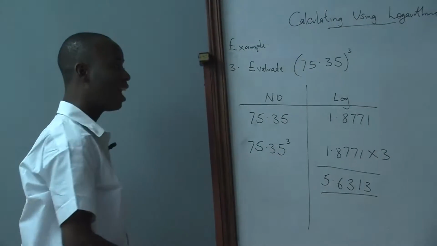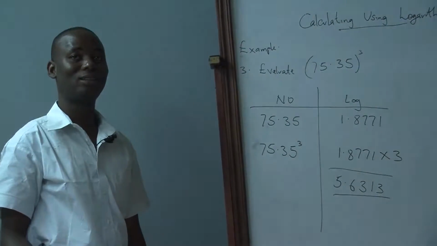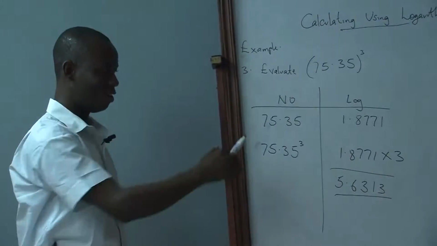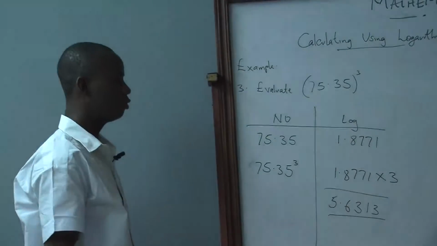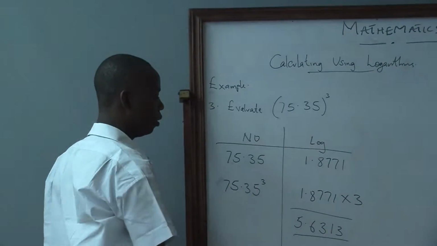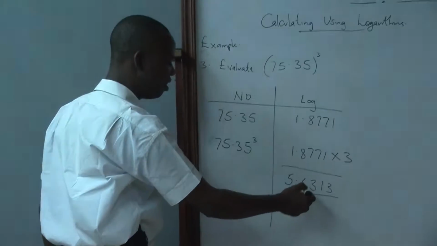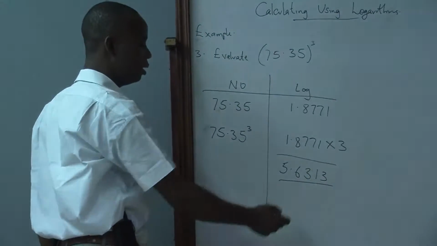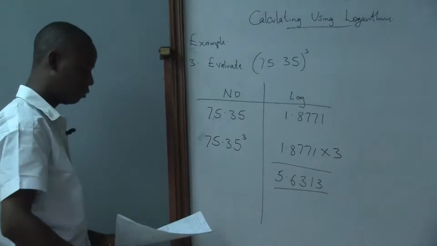We have the answer now in log. We need to find what the answer will be in the number in which we have been given the problem. So we need to find the antilog. Under the antilog, we're going to find whatsoever we have under the column 0.63 in the row 1 plus whatsoever we have in the difference of 3.